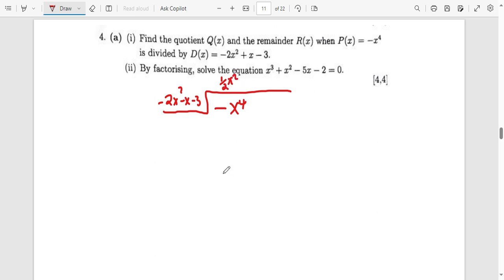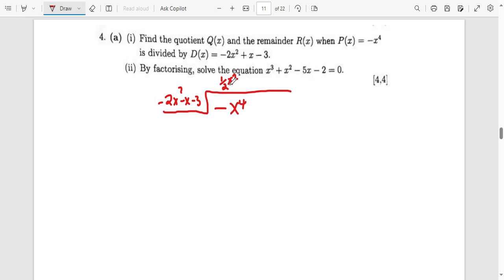Look at this. What you are doing is x to the power 4 divided by 2 x to the power 2. That is why it is giving us 1 over 2 times x squared, because the x squared down will go into the x to the power 4 on top. And then that number on top, we are going to distribute with everything. We are going to multiply.